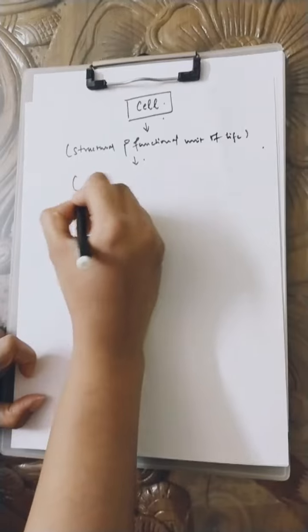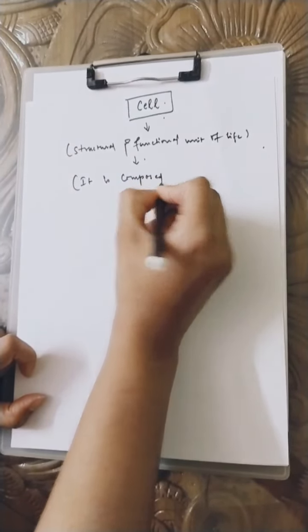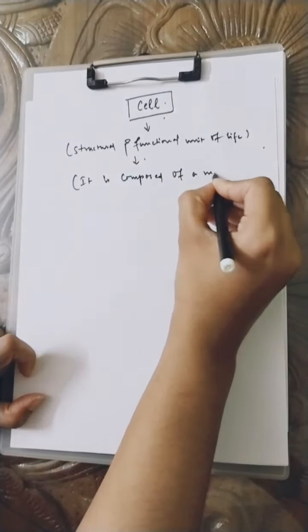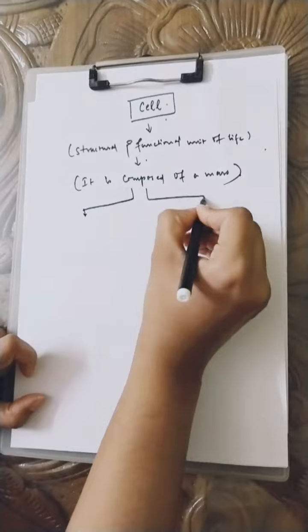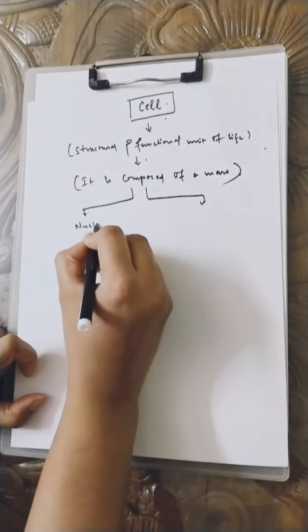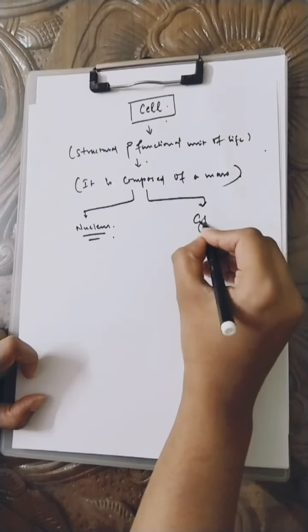It can also be said that it is composed of a mass that includes the nucleus as well as the cytoplasm.